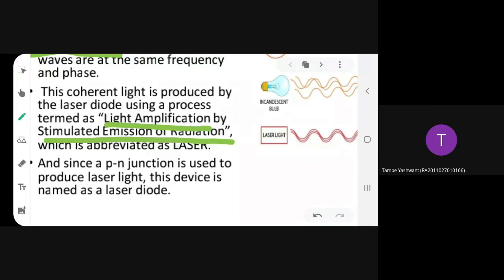That's why it is called light amplification by stimulated emission of radiation. Don't forget that laser is expanded as light amplification by stimulated emission of radiation, not spontaneous emission. And the device that is capable of emitting this laser light is similar to a PN junction diode. It is called a laser diode. How that happens we will be discussing now.